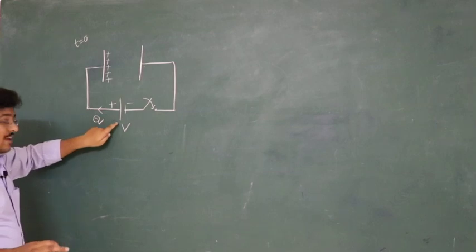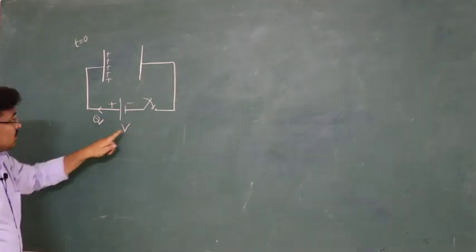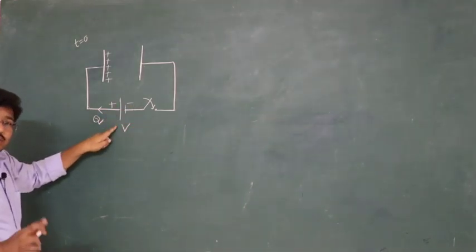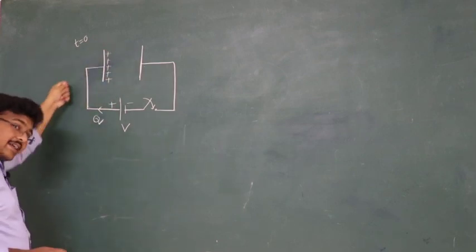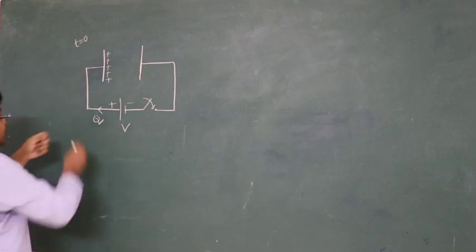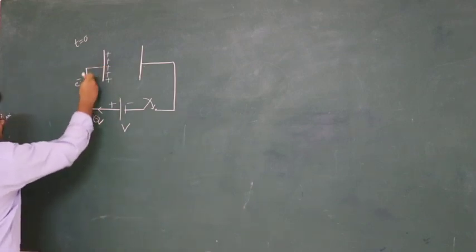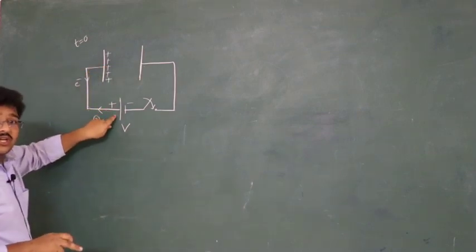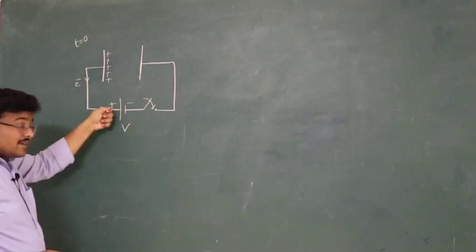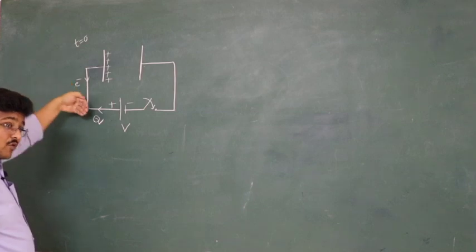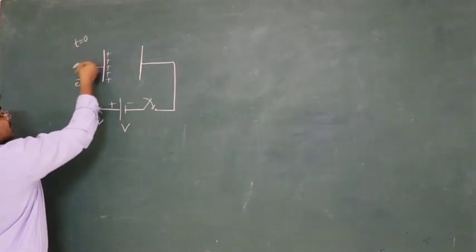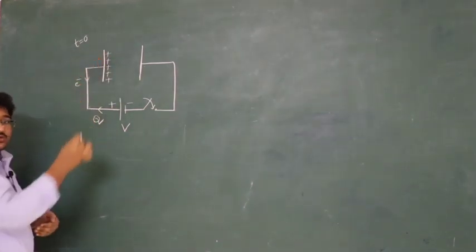See, when the battery is connected, high potential is there, you know that some electrons on the plate are attracted towards the high potential. So when electrons are attracted, it means electrons are leaving, so the left charge is positive.